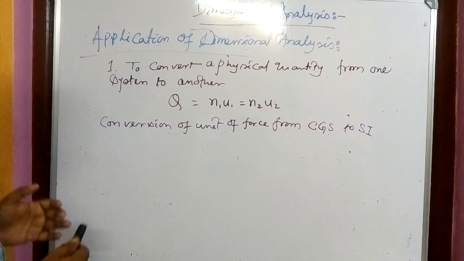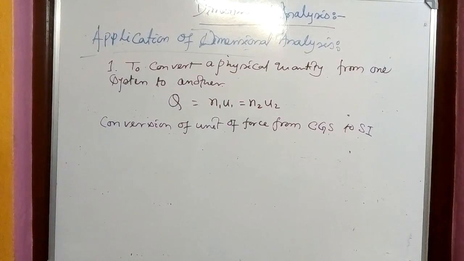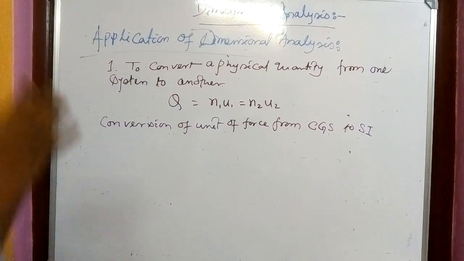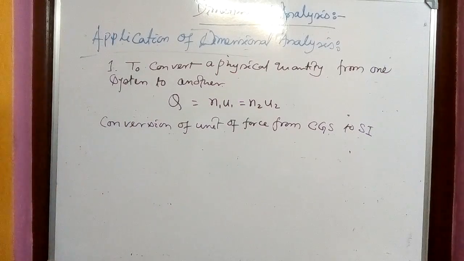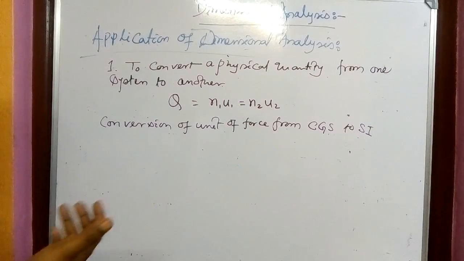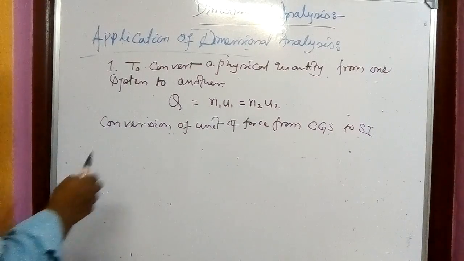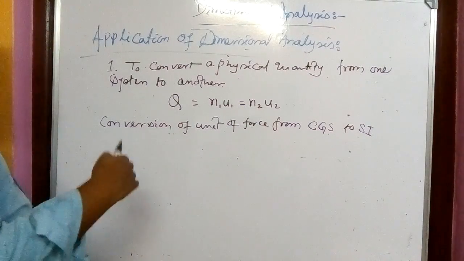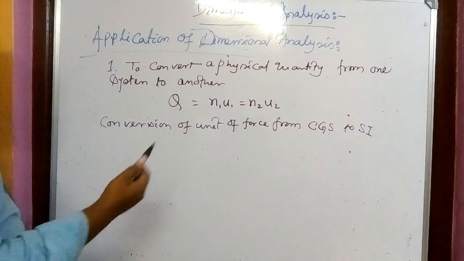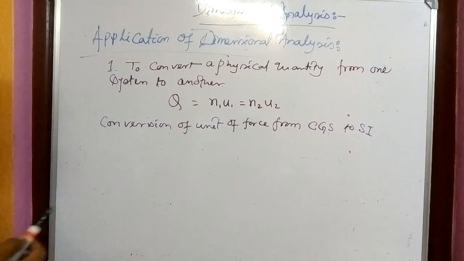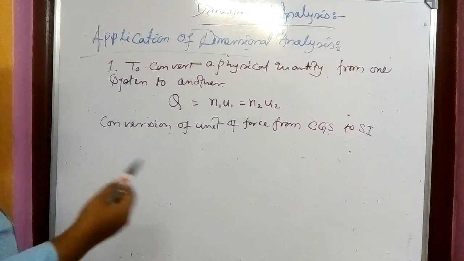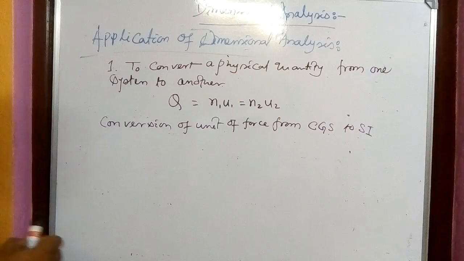We are discussing the application of dimensional analysis. There we have seen how to convert a unit of a physical quantity to another. So here our target is the conversion of the unit of force from CGS to SI. We all know that the unit of force is dyne in CGS and Newton in SI.